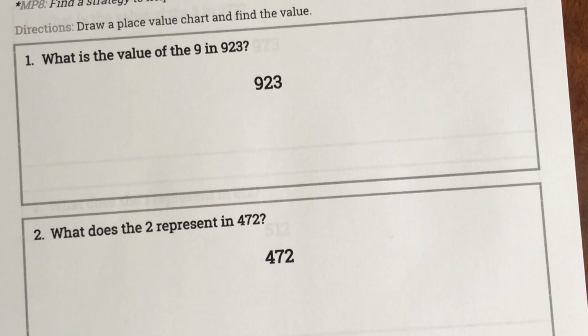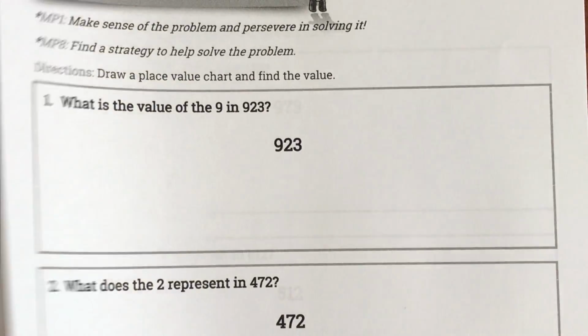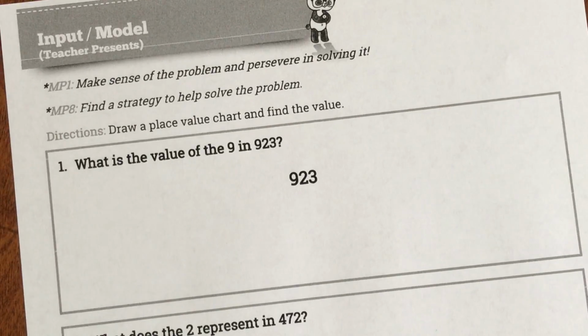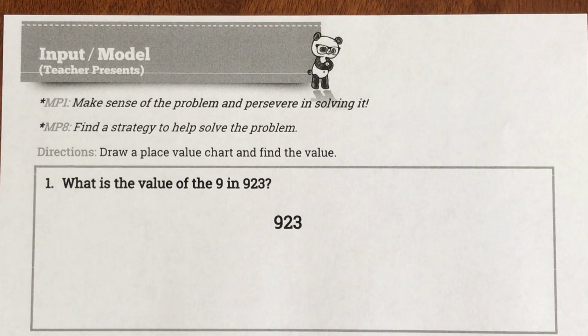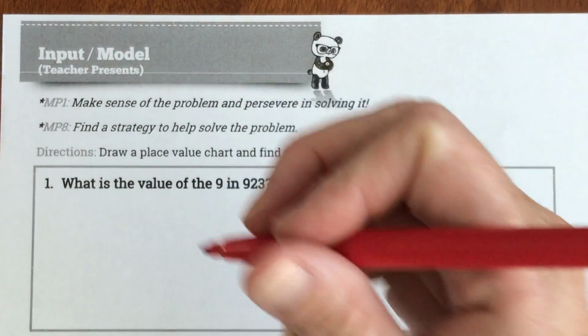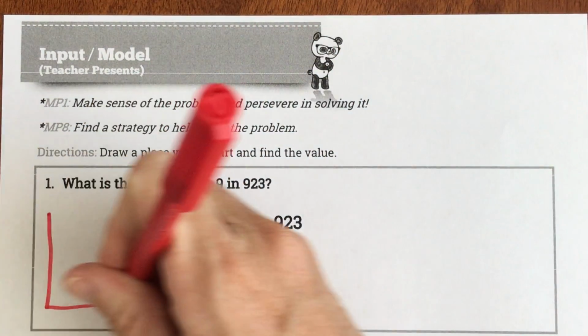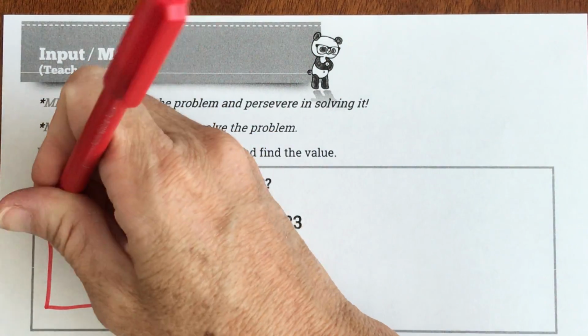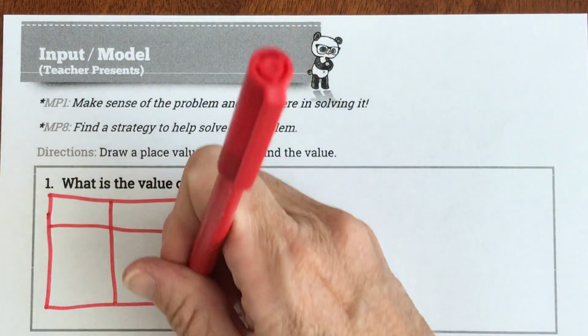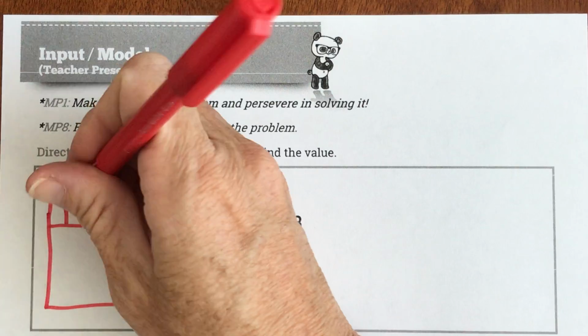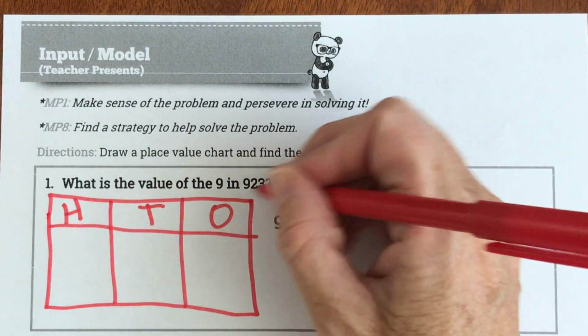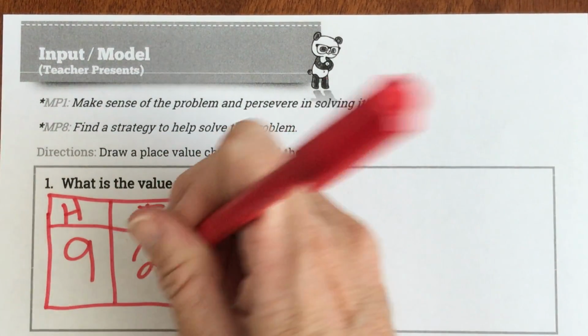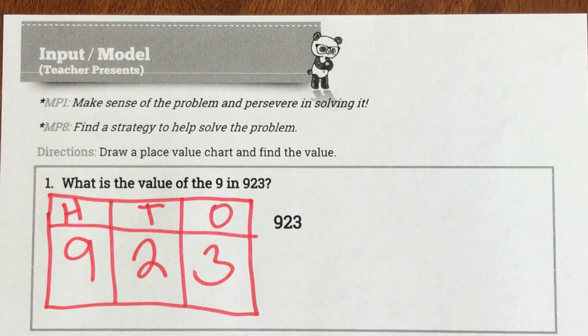So here is my first problem. My first problem says, what is the value of 9 in 923? Okay, so I'm going to start by drawing my place value chart. Ones, tens, hundreds. And then I'm going to put my number 923 in my place value chart.